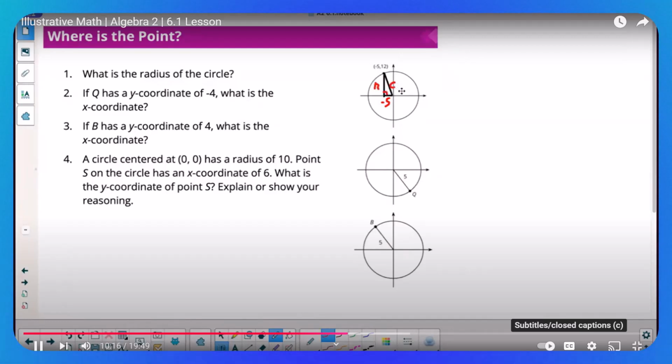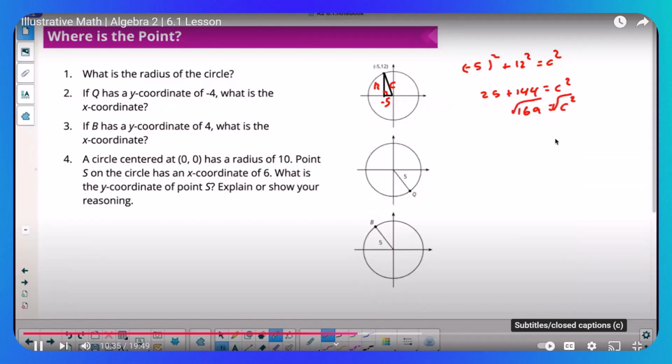So I'm going to call my radius c. If I took -5 squared plus 12 squared, that's going to give me c squared. 25 plus 144 equals c squared. So I get 169 equals c squared, square root, 13 equals c. So the radius is 13.